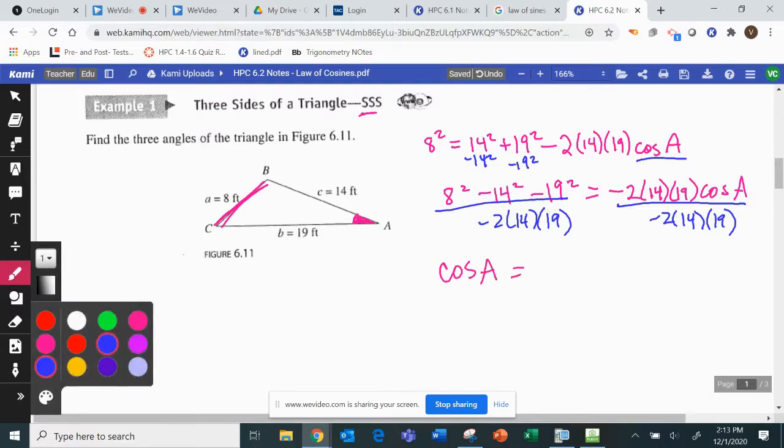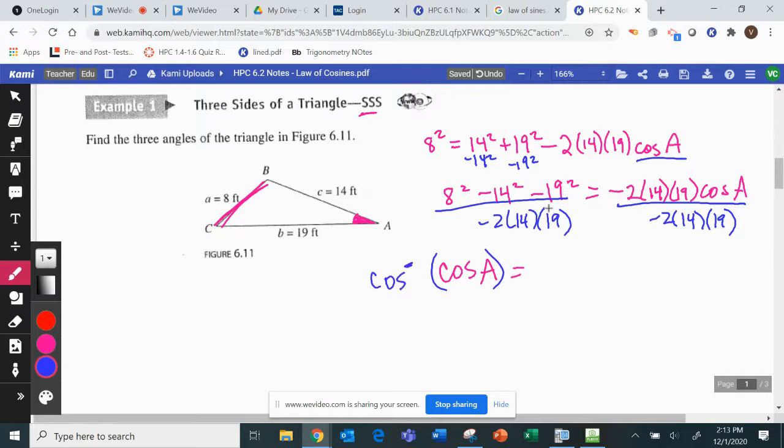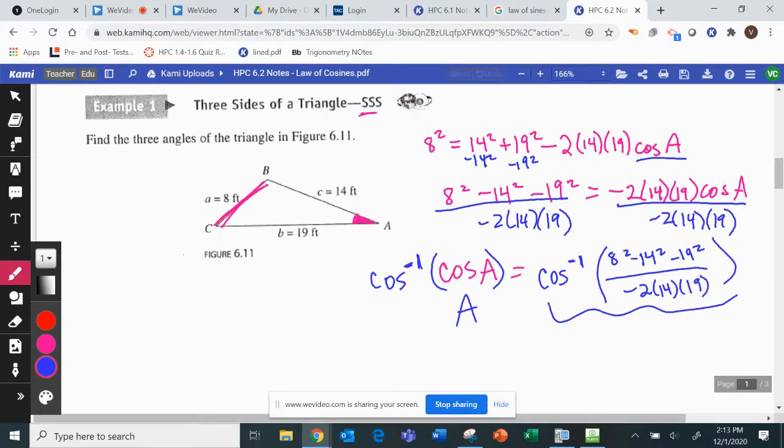Just thinking ahead, and because of time, I am going to have to use cosine inverse so I can get A by itself. So I'll do that as part of my formula: cosine inverse of 8 squared minus 14 squared minus 19 squared over negative 2 times 14 times 19. So that's what I'm going to type into my calculator here.